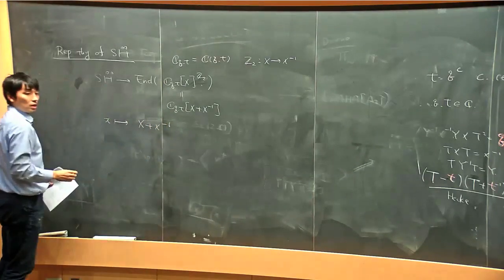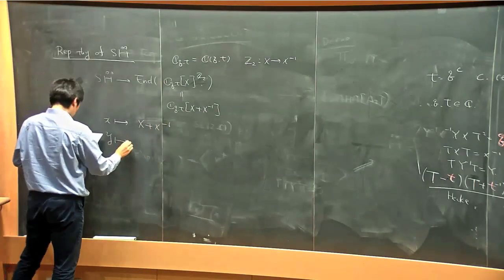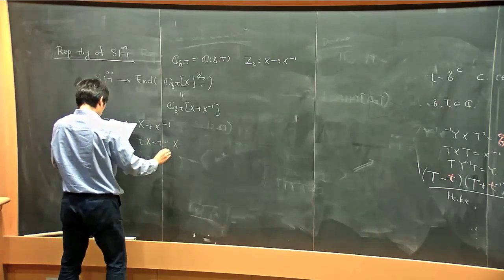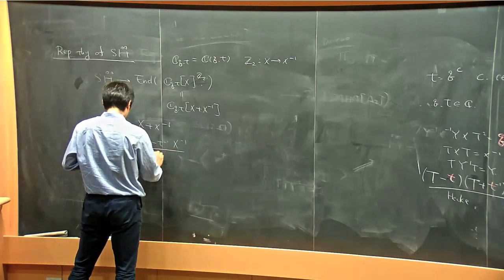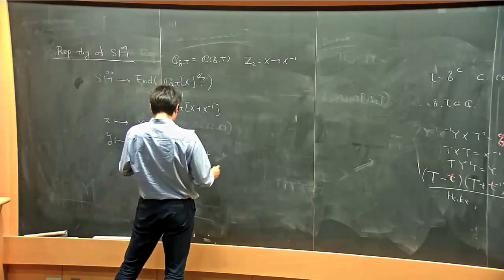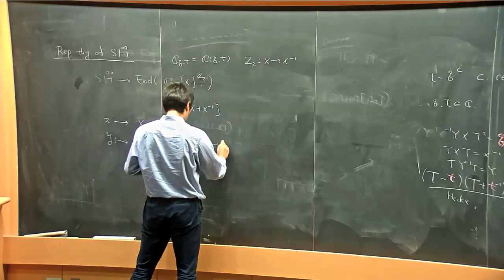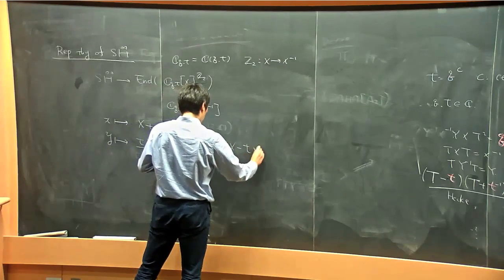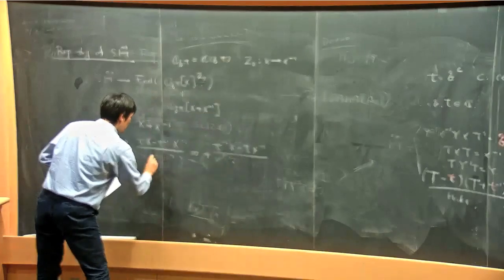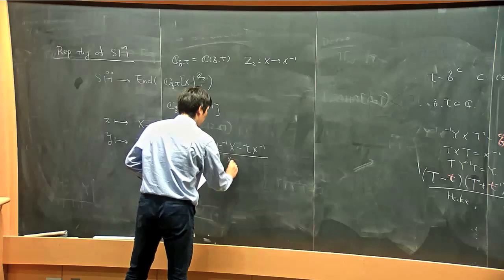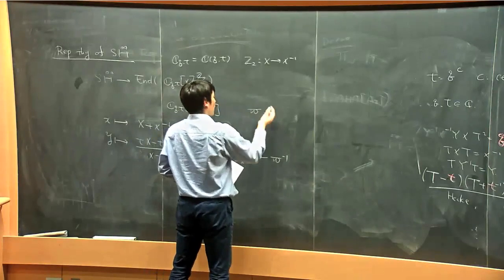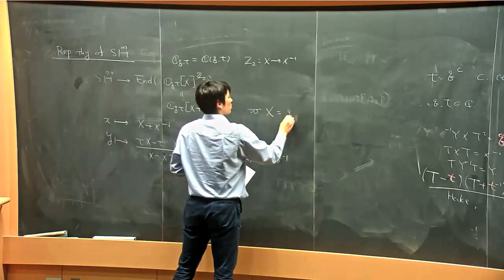Y is mapped to some difference operator, (t x minus t inverse x inverse) over (x minus x inverse), times a shift operator, which I will explain, plus (t x inverse minus t inverse x) over (x inverse minus x), times the inverse shift, where this bar pi acts as the shift operator.